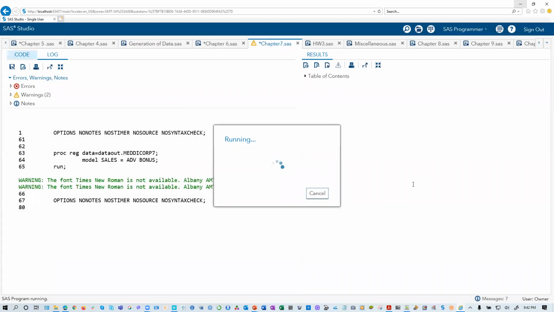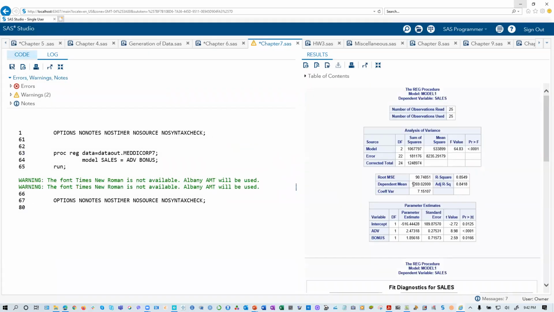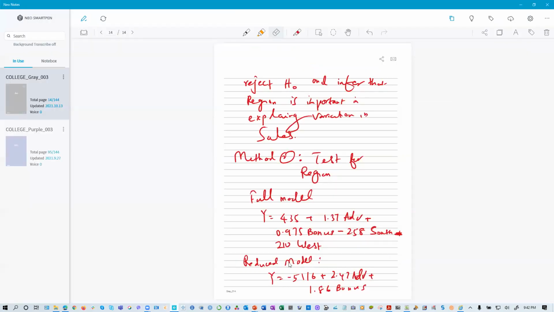This one has b naught, negative 516, plus 2.47 advertising plus 1.86 bonus. So this is the important one.